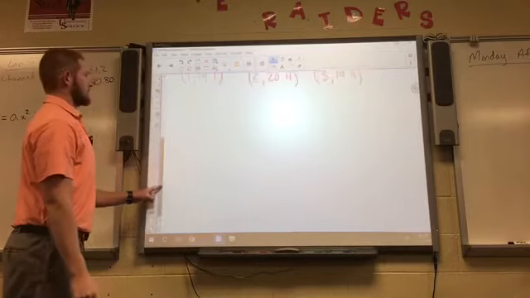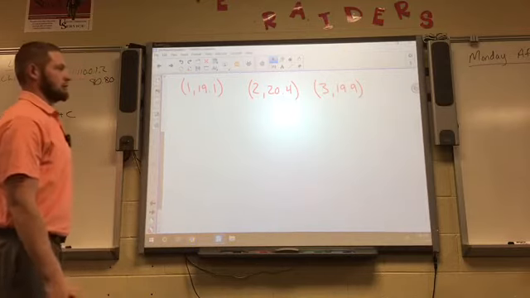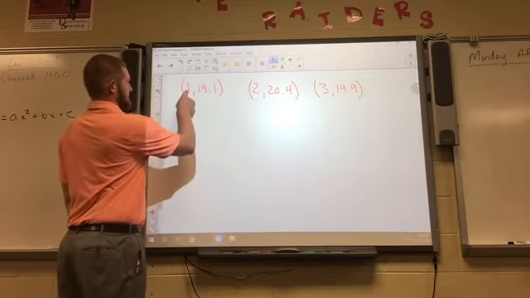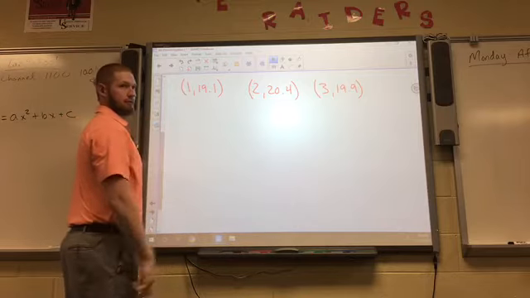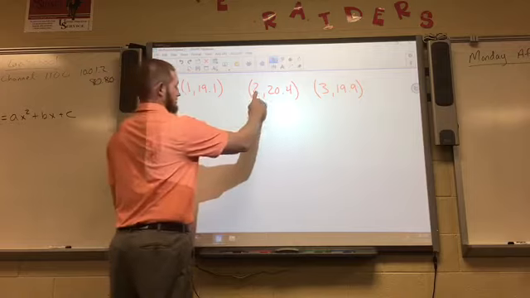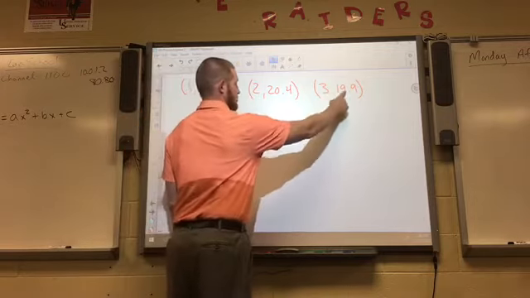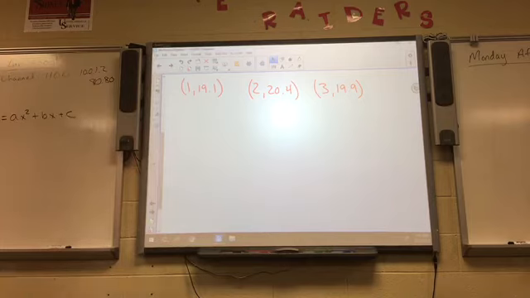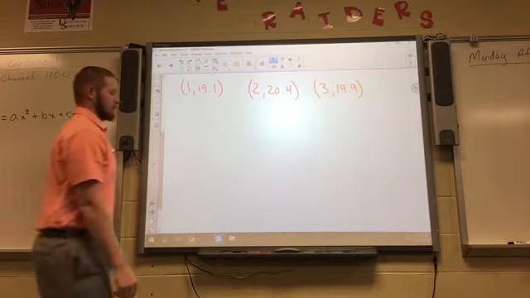Okay. Now the next thing, hopefully you all agree with me on, is that this is an x value and this is a y value. X, y, x, y, correct? So I have 3 sets of x's and y's, right? I'm going to write 3 different equations by plugging in my x's and my y's. Okay?